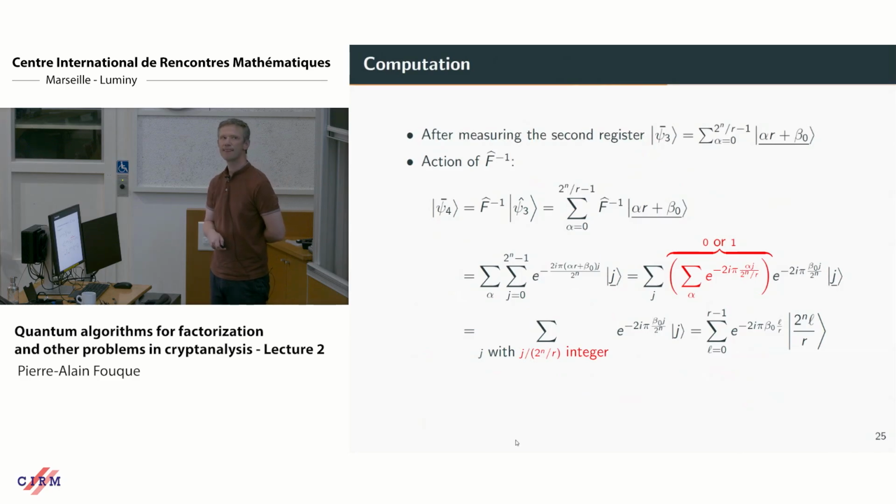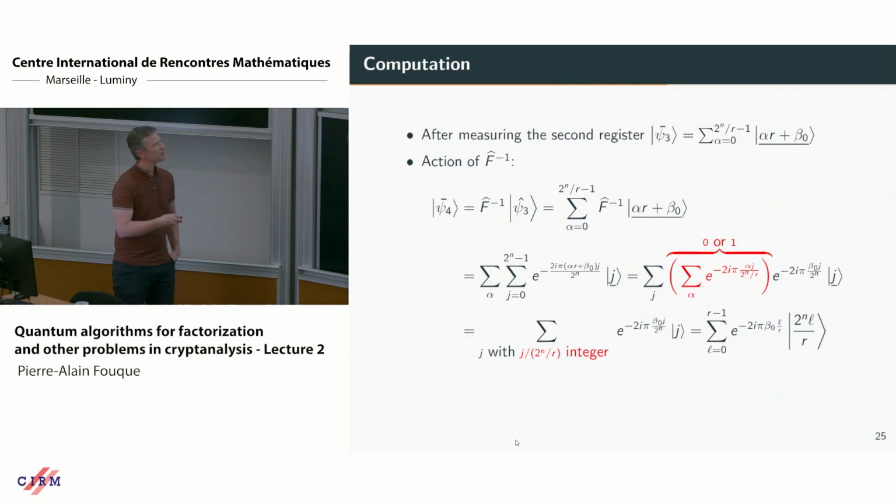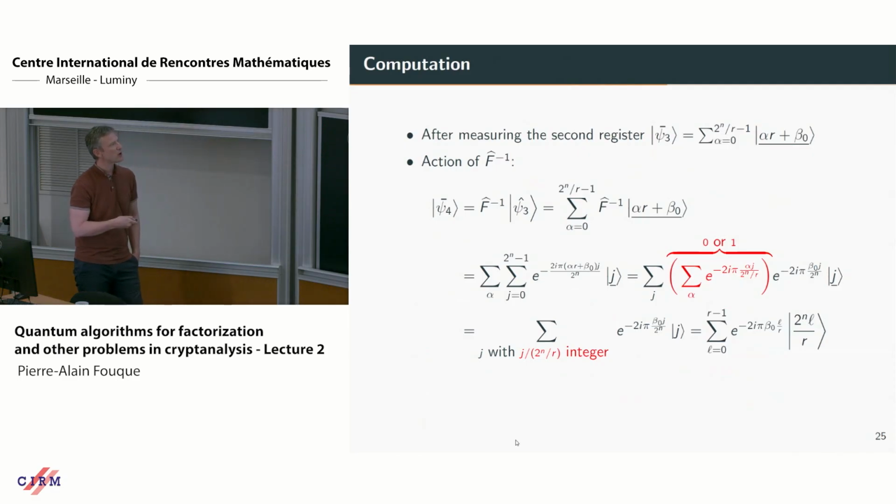Okay? And now I can observe the first register, so I will get one of all of these terms, one of all of these integers, and from this integer I will explain how we can recover the period r.